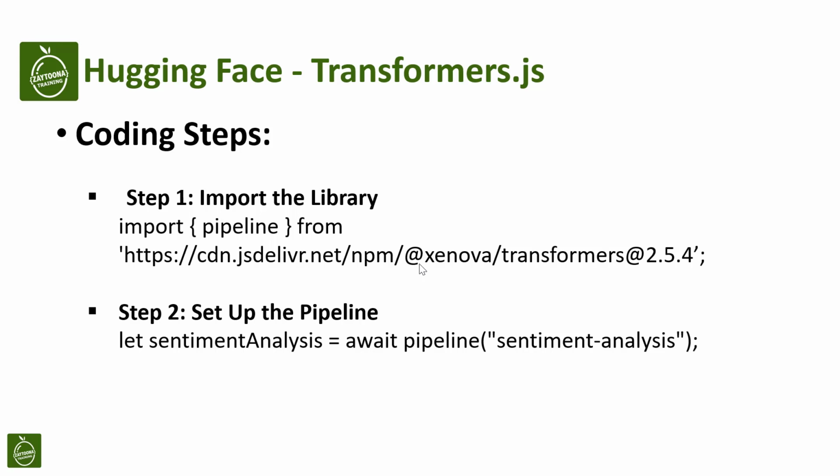After importing our library and setting the pipeline up, you might notice we frequently mention the term pipeline. So what exactly is a pipeline? Think of it as a streamlined assembly line for processing data. In the world of natural language processing (NLP), there are many steps involved, from pre-processing the text to making predictions and finally post-processing the results.